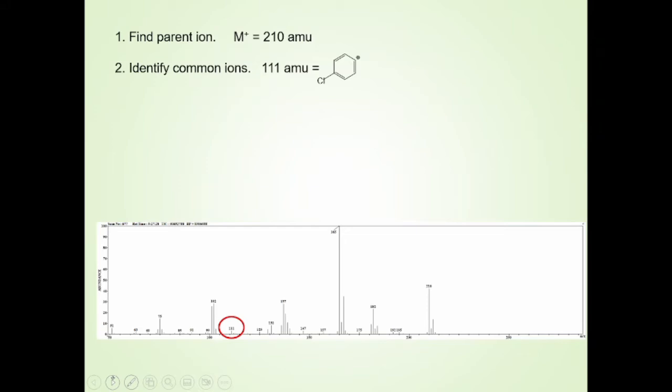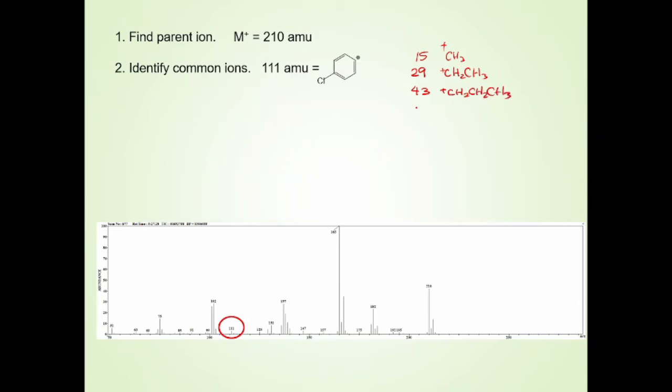Typically, when we talk about common ions, we're looking at masses like 15, which represent the methyl cation, or 29, which is the ethyl, or 43, which would be either propyl or isopropyl. Since they're isomers, they have the same mass.